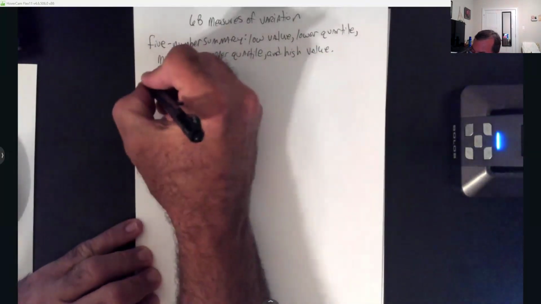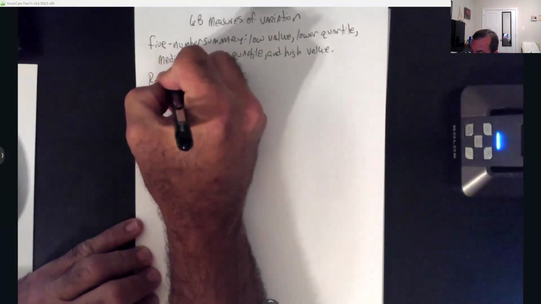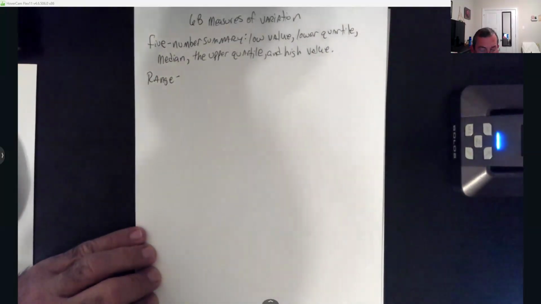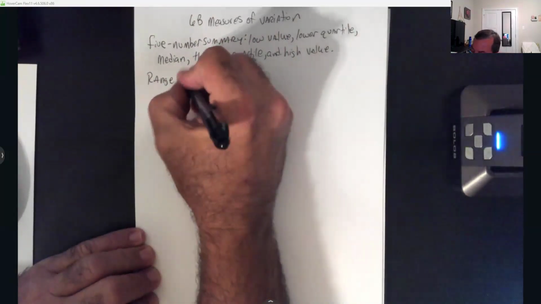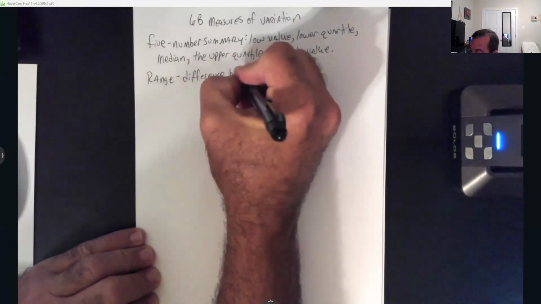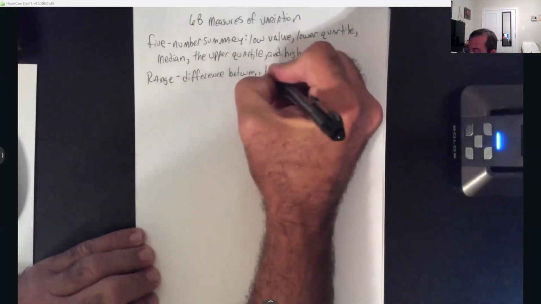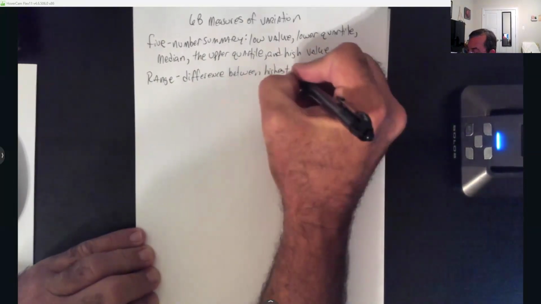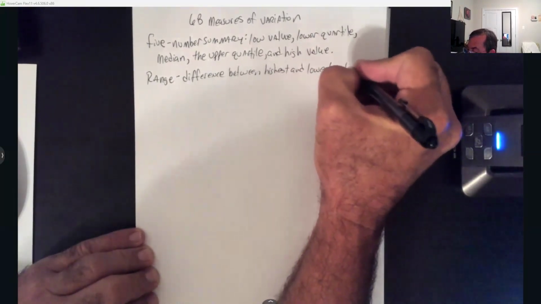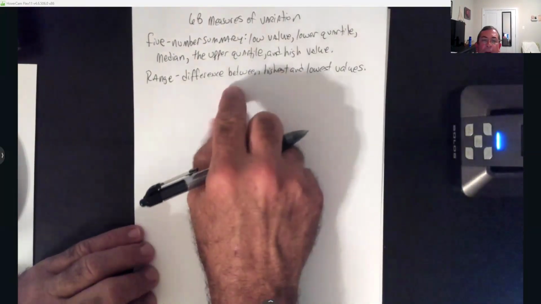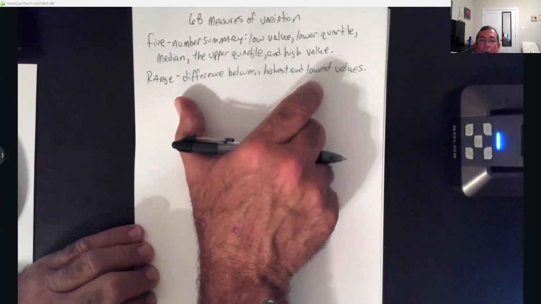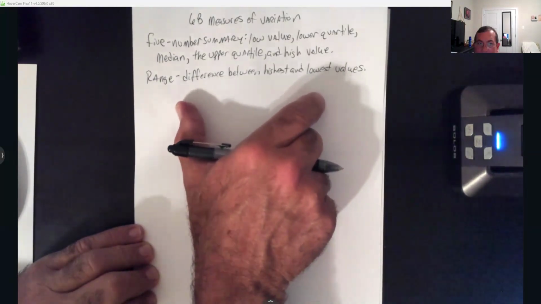Alrighty, so before I get into this, we're going to look at what we call the range. So y'all, the range of a data set is the difference between the highest and lowest values. So to find the range, you're taking that largest number, subtracting that smallest number, and that'll give you your range or how wide that data is, okay?